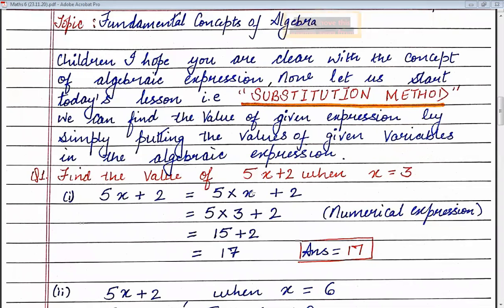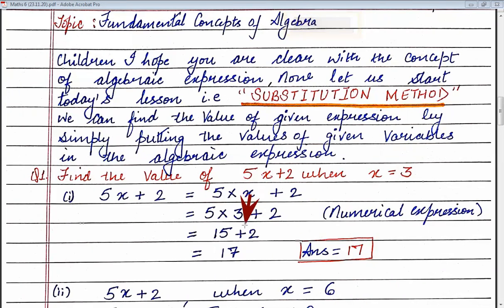Now, children, we have the value of x in this question. You can clearly see that the value of x is given, that is 3. So instead of x, we can substitute the value as 3. So in the next step, let us substitute the value of x as 3.